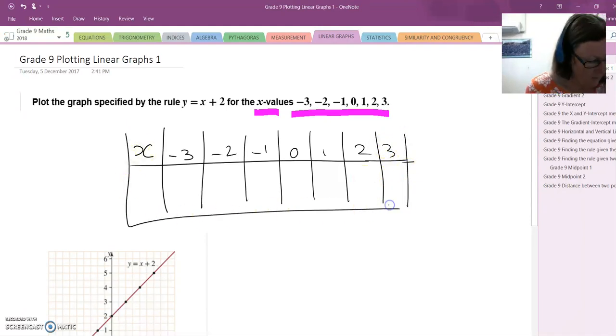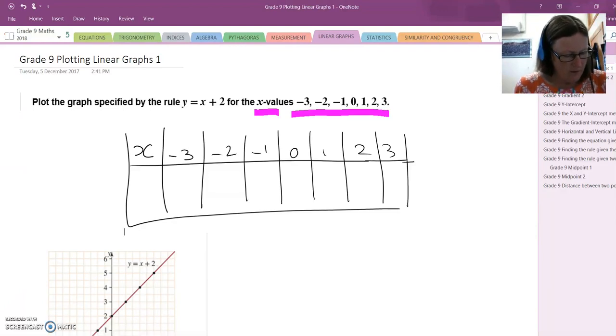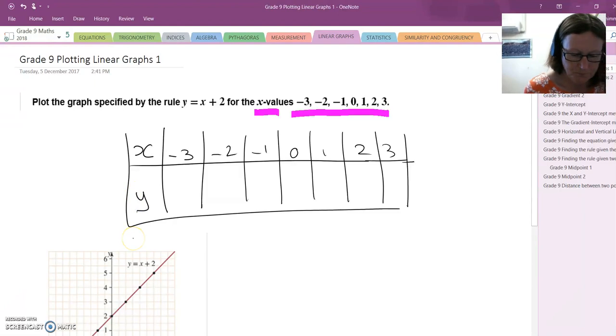Okay, so once we have selected our x values, we substitute each x value into the equation to find the corresponding y value. So in other words, I'll start, for example, with substituting 1 into the equation. So my equation is y is equal to x plus 2.